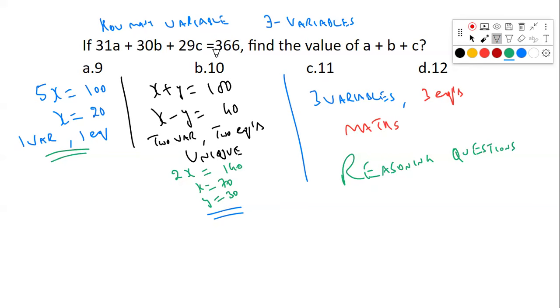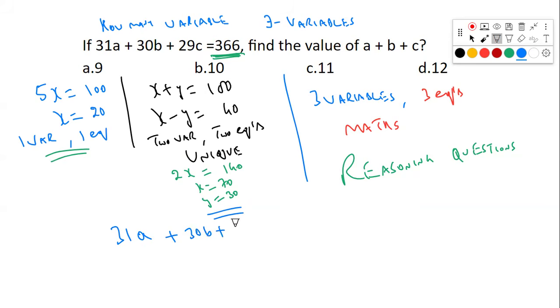So if you are looking at this, there is some number here, 366. Does it have a significance? What is 366? Generally, does some significance come to your mind? 366 is the number of days in a leap year.